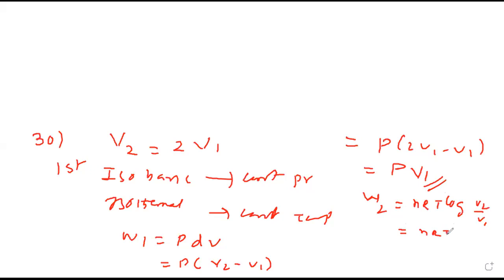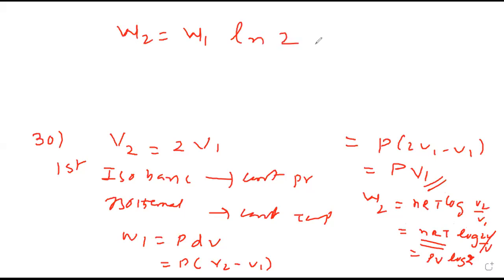That is nRT log of 2V upon V. Now nRT is nothing but P into the original volume V. Okay, now log 2. Therefore, my W2 is W1 natural log of 2. A option. Yes, 30th clear, no? Yes, sir.